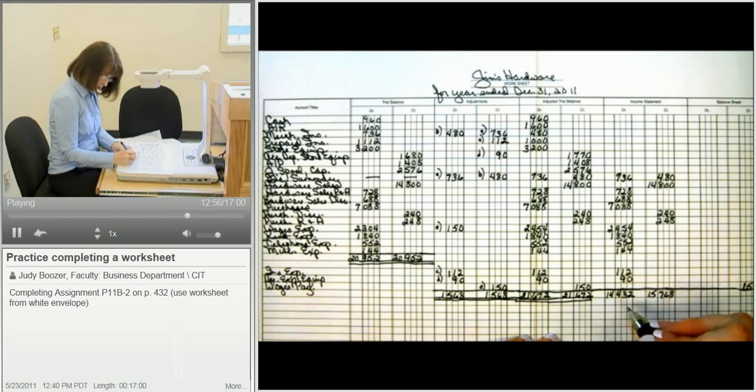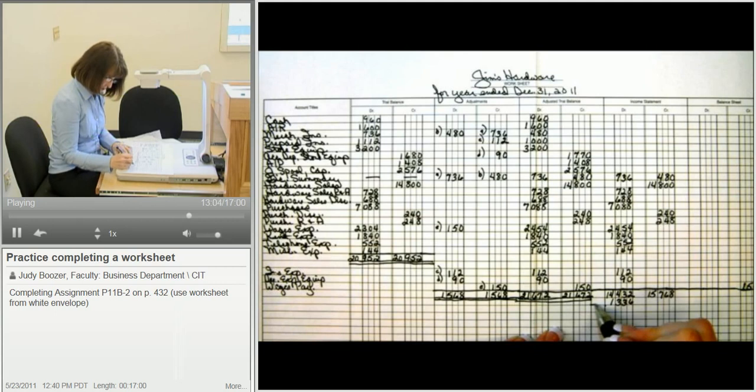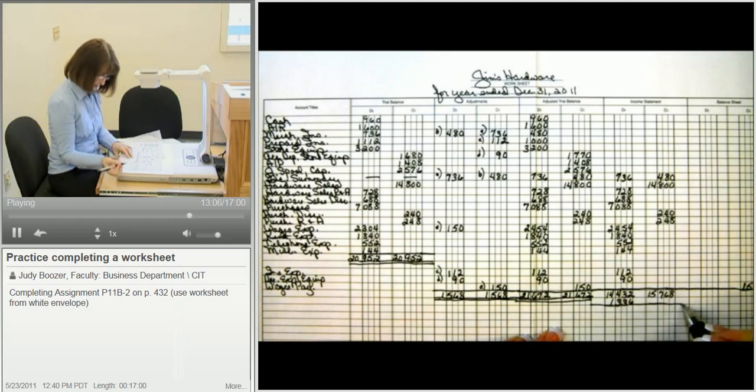$1,336. So we add that to the smaller amount, put a line underneath, extend it all the way across. So we add the $1,336, which, by the way, is that a net income or loss? Income.